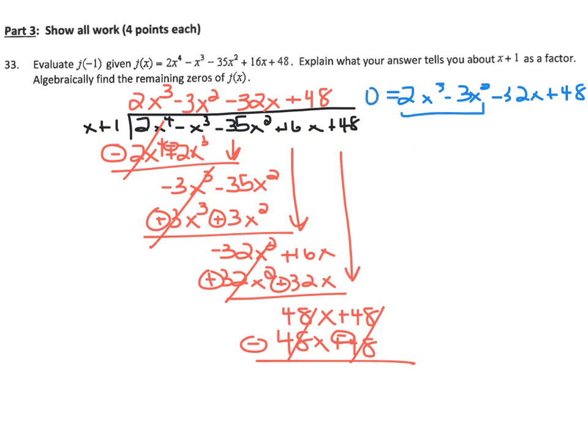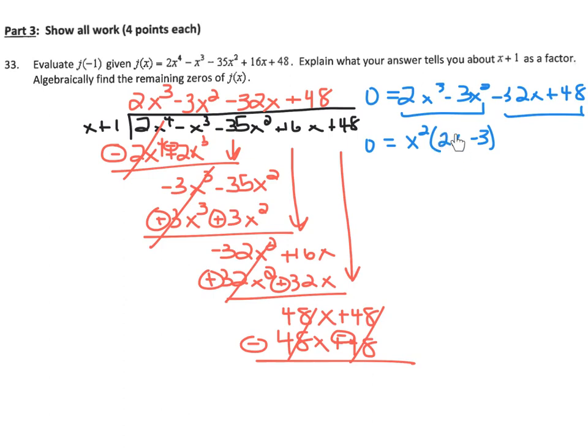So here we would factor by grouping. So it leaves us with 0 equals. To the first two terms, I could pull out an x squared, which leaves me with 2x minus 3. And out of the next two terms, I could either pull out a positive 16 or a negative 16.